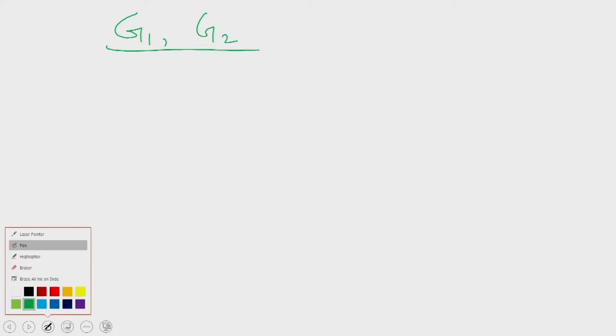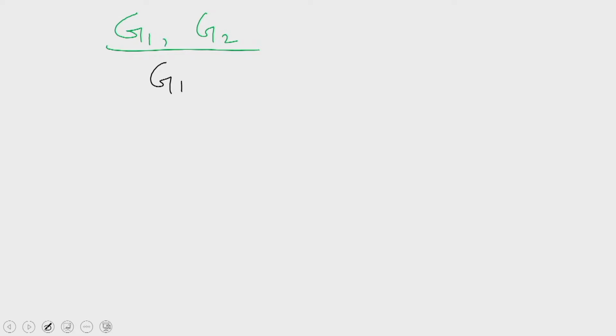So in general, let us say we are given two graphs G1 and G2, where G1 has a vertex set V1 and edge set E1, and G2 has a vertex set V2 and an edge set E2.